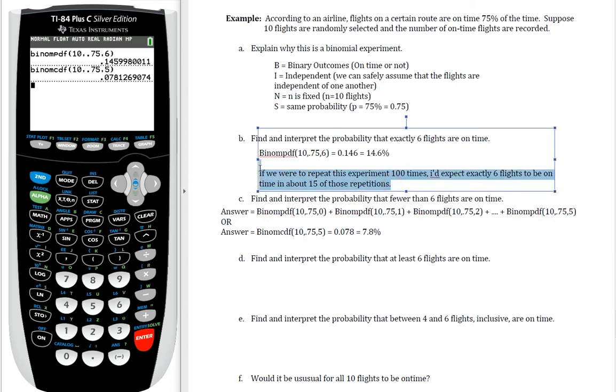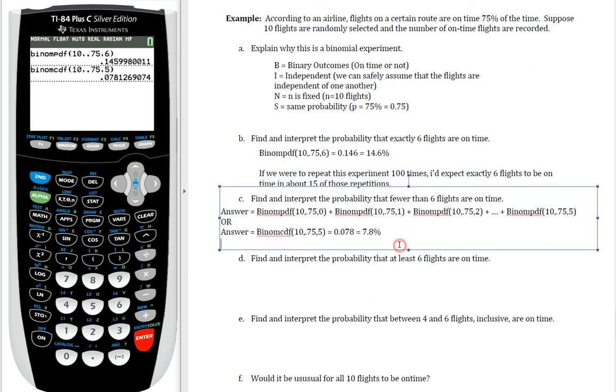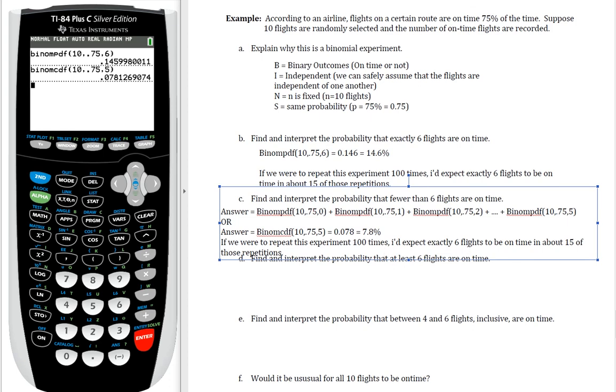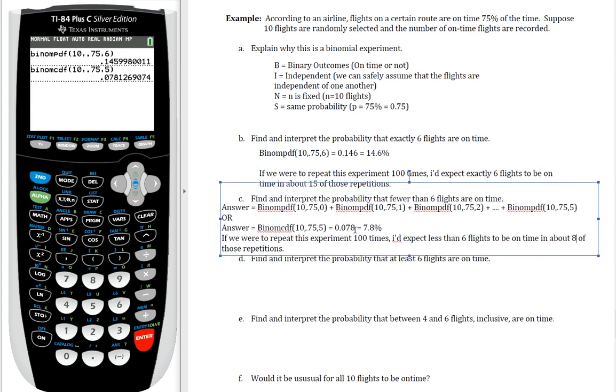I'd basically just take this, copy it here, and instead say I'd expect less than 6 flights to be on time in about, we have 7.8%, so about 8 of those repetitions. So that's what I would expect.